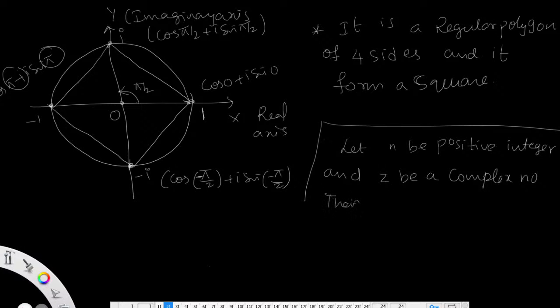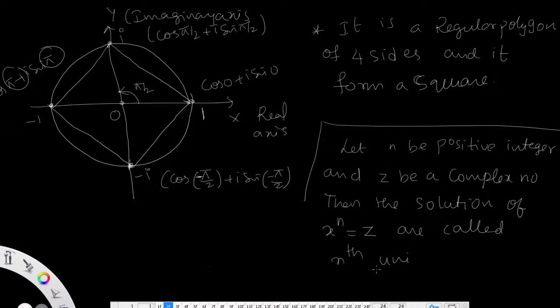then the solutions of an equation of the form x power n equal to z are called nth roots of unity.